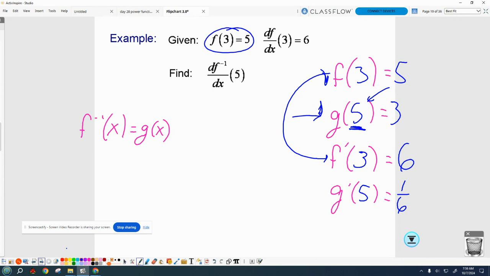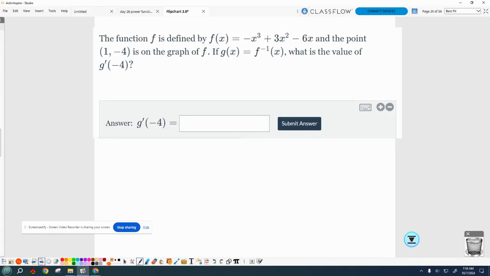This guy's x is that guy's y. The slope at this guy's x is 6. So Kari says the inverse's slope at its x, which is that guy's y, is the 5th. Yeah. Now we're getting it. That's the way Delta Math says these.